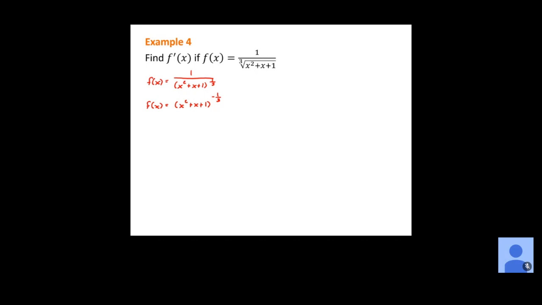So we're going to use a power rule, but within that's going to be a chain. So what could we let our u value be equal to this time? Good. Everything inside the parentheses, so x squared plus x plus 1 is our u value, which means now I can rewrite my function as just u to the negative 1/3 power.